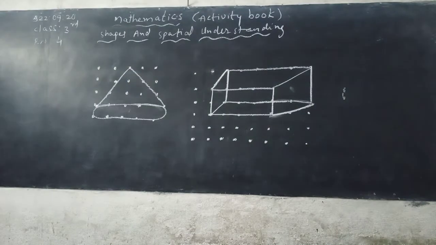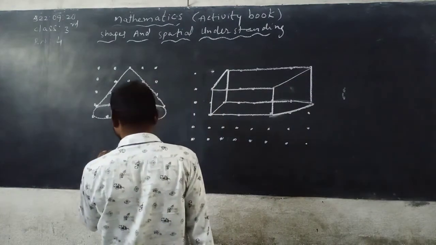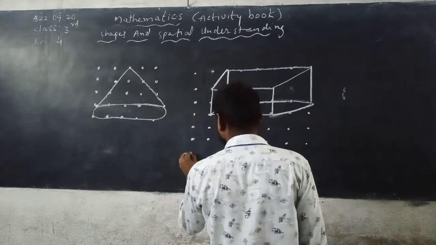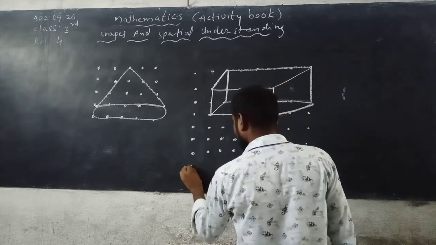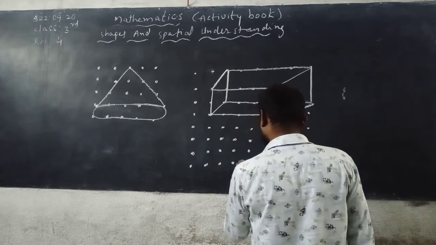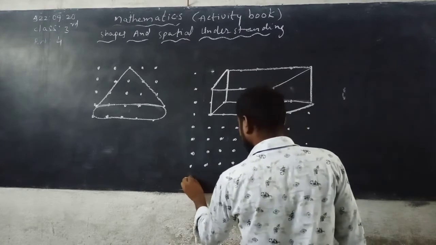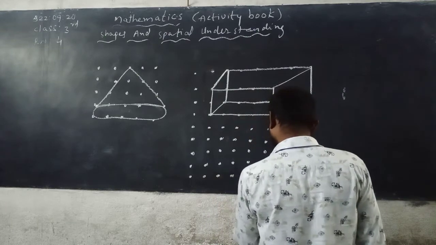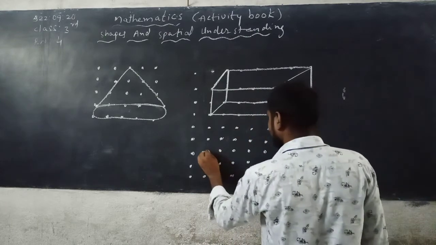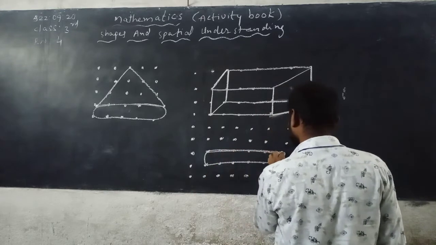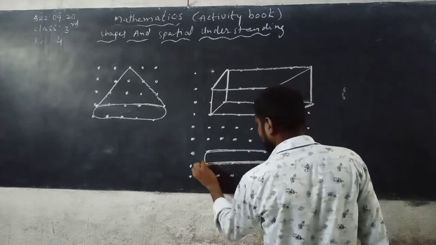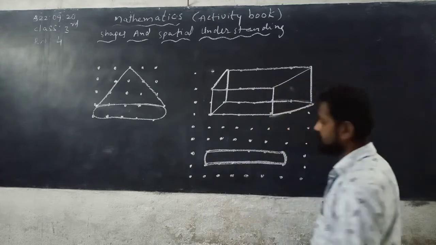Now next is cylinder, like a tube light.